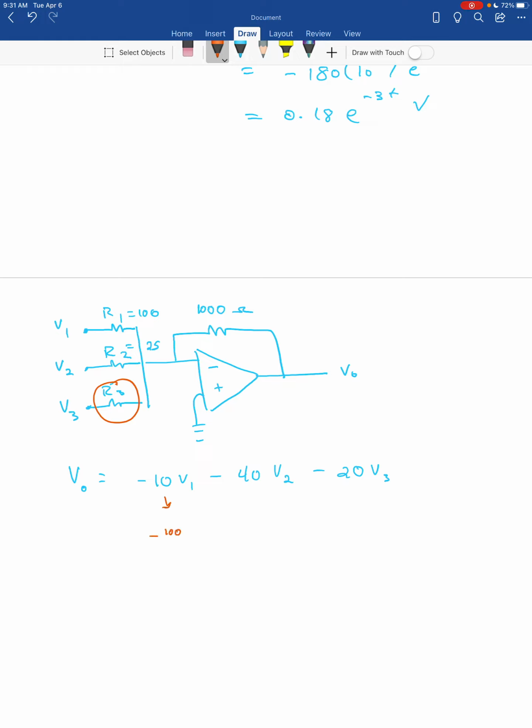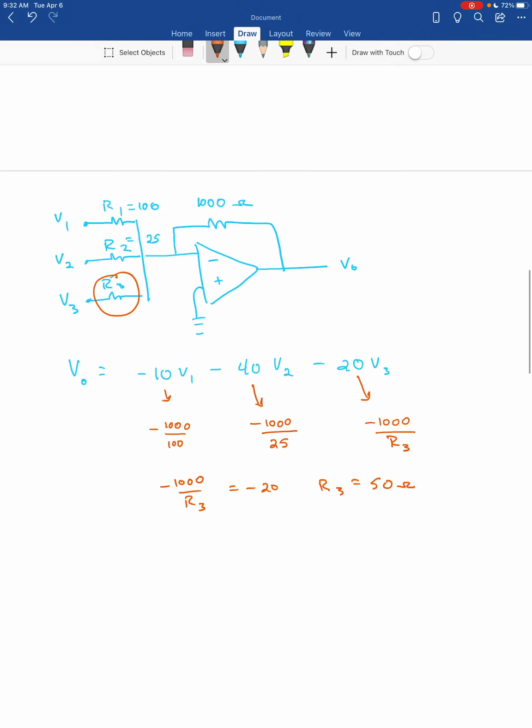So this minus 10 is the ratio of minus the feedback resistor over the input resistor. The minus 40 is minus the feedback resistor over the input resistor R2, and the minus 20 is minus the feedback resistor over R3. So if you do that calculation, minus 1000 over R3 has to be minus 20, and you come up with R3 is 50 ohms.